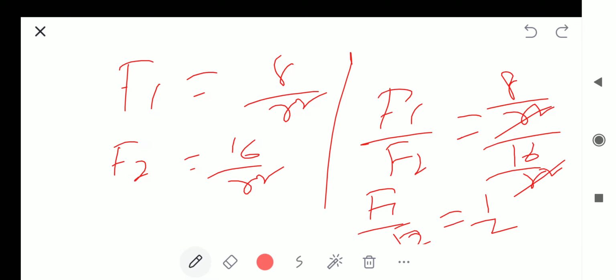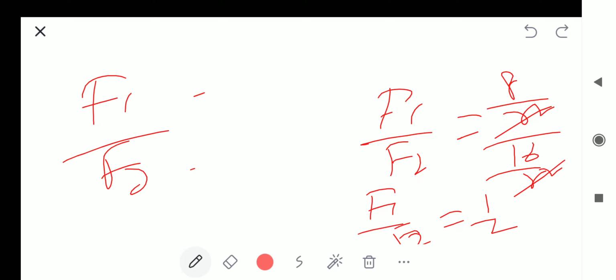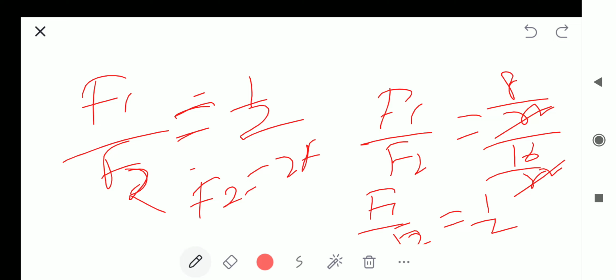F1 by F2 equals half, so F2 equals 2 F1. So when the mass increases, the force of gravity also increases.